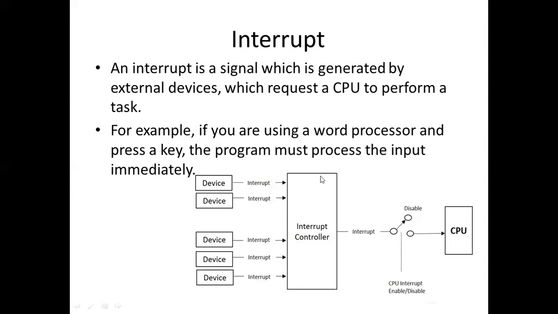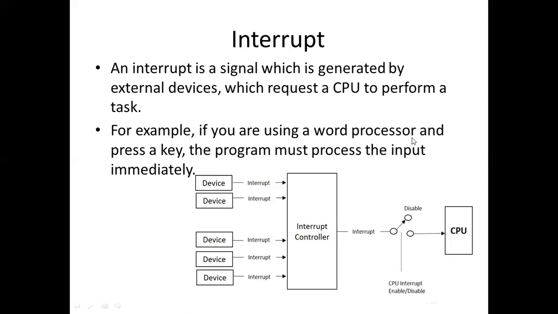What happens when you are using the mouse, because the CPU was already busy doing other things, such as displaying this PowerPoint program? When you type something on the keyboard, the interrupt, which is the signal, needs to be sent to the CPU to say, sorry, let's distract you a bit, pay attention to the keyboard. That is the job of the interrupt.